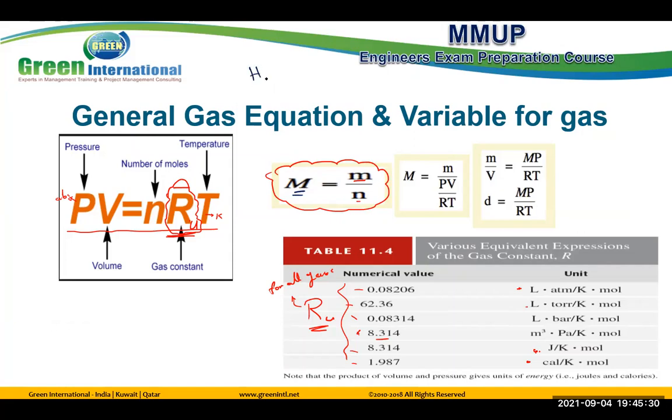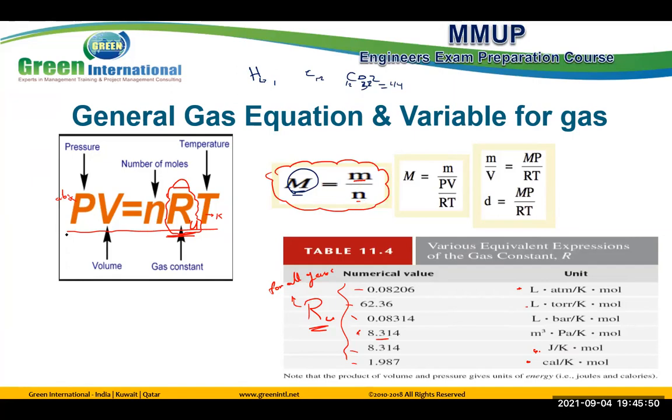For example, for H we find this is 1. For C, it is actually 12. For CO2, this is 12 and this is 32, which is equivalent to 44. This is the value of M, equal to small m divided by n, the mass over the number of moles.